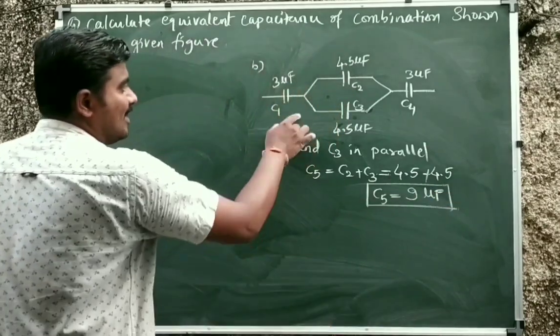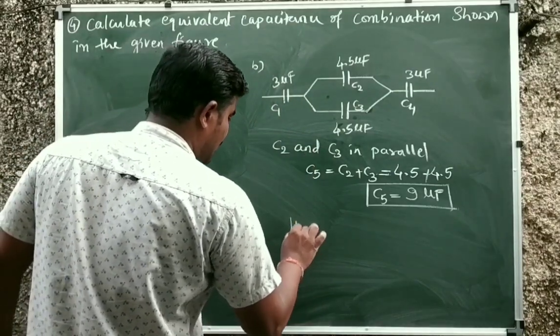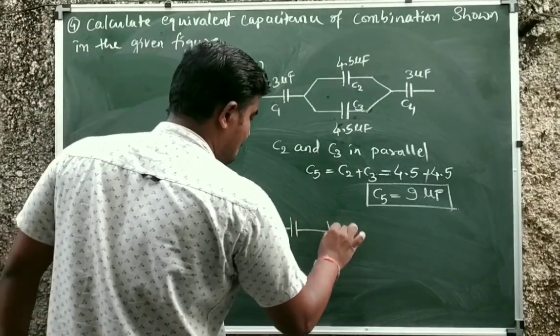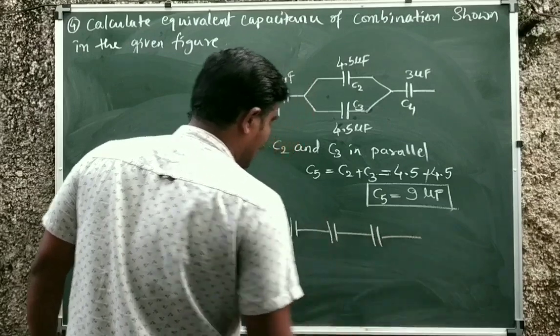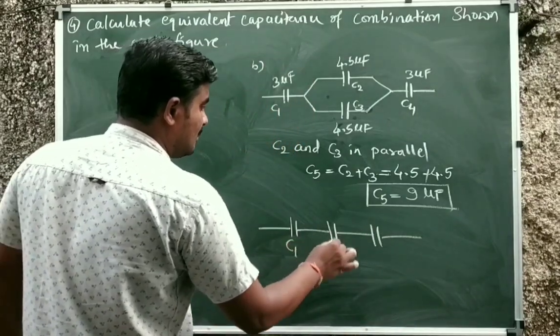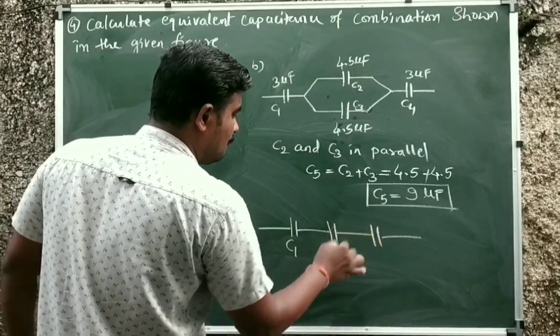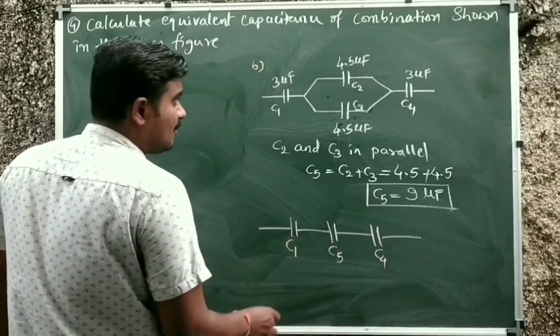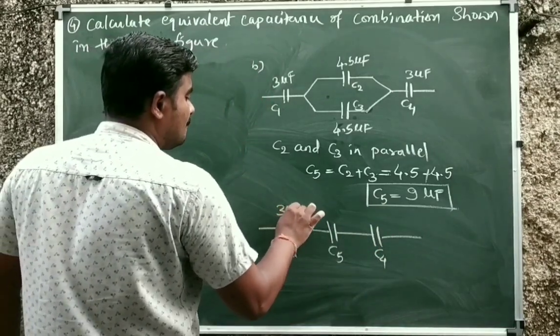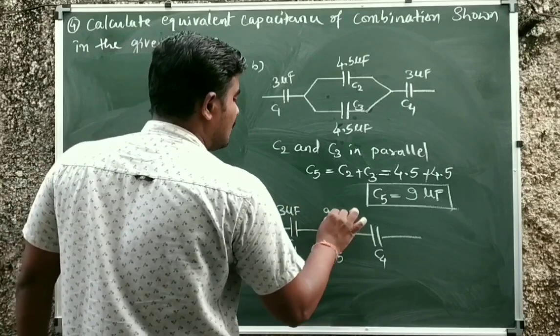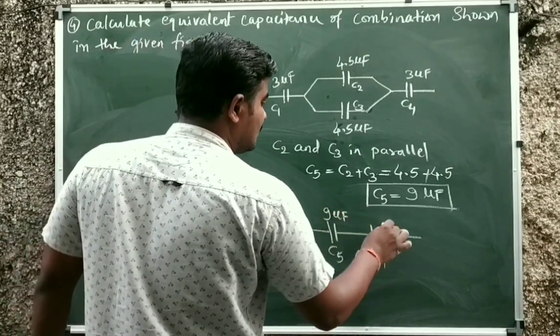Okay, so I will redraw this combination. Now this is C1, this is C5, and this is C4. C1 value is how much? 3 microfarad, and C5 is 9 microfarad.